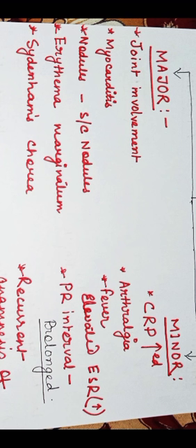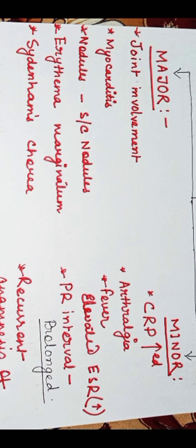And to be more specific, this polyarthritis is migratory in nature. That means suppose for the first 3 months or for some period of time, the patient is having pain in the lower limb, right side, and after 3-4 months, the pain will shift to the left limb. This is migratory polyarthritis.